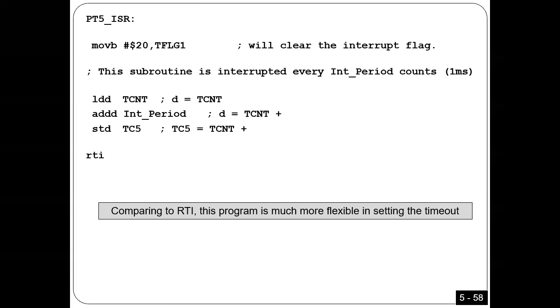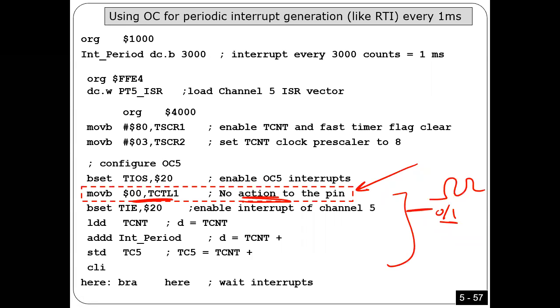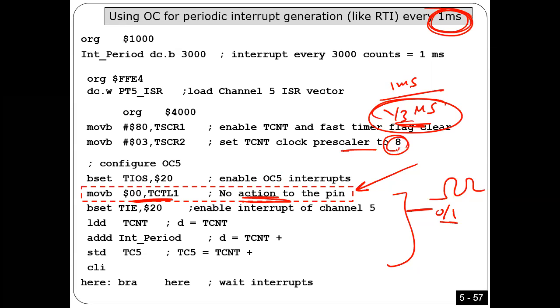And then, for example, here, I want to make an interrupt every 1 millisecond. So you need to count. You need to convert this time to a number of counts. So 1 millisecond, you have to divide it by 1/3 microsecond. How do you get this number? I got this number because I'm making the prescale 8.